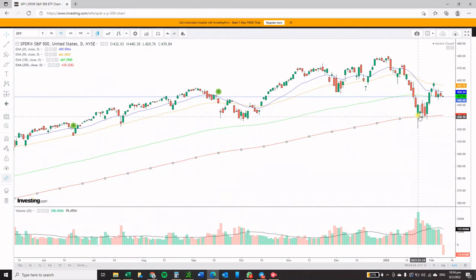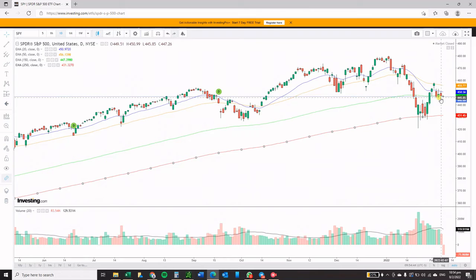At 250, it was also acting as a support for the past 3 to 4 days, and then it went back up to my 50 EMA, and my 50 EMA is now acting as a very good resistance.